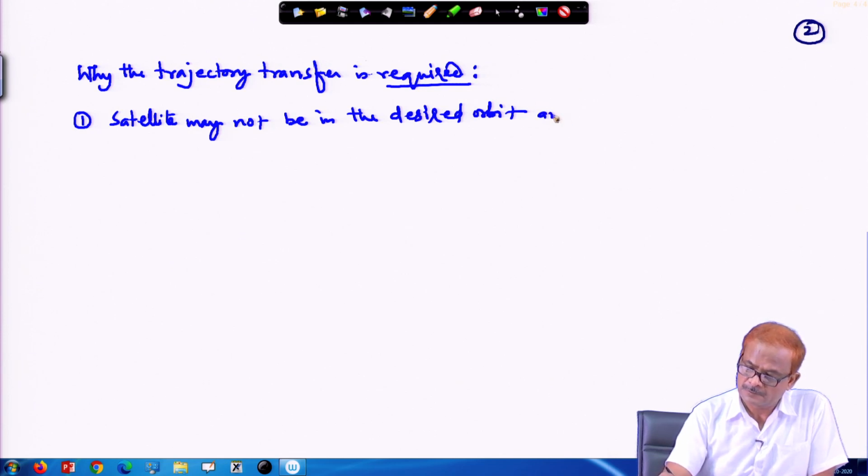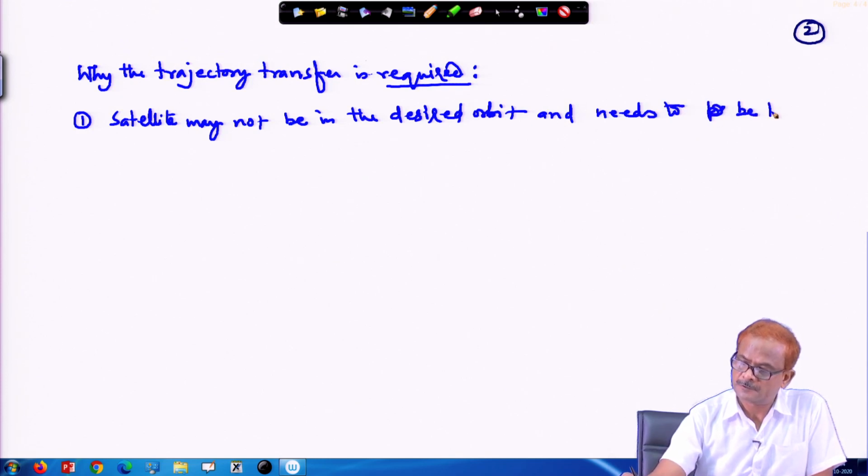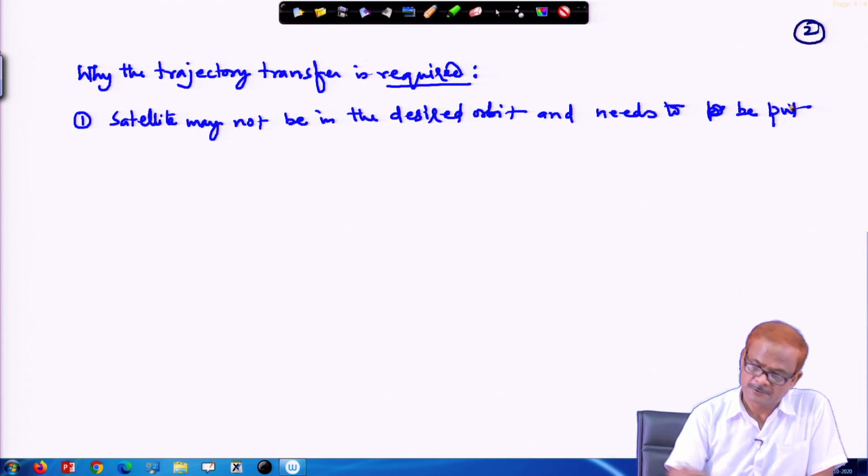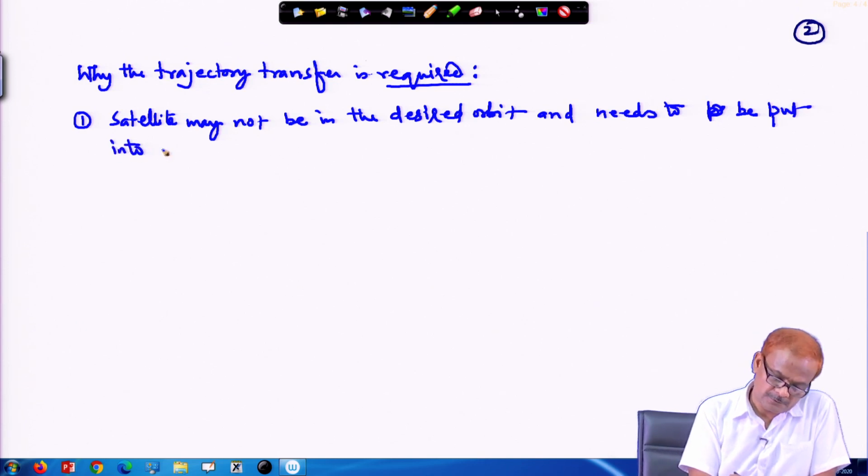So it needs to be transferred, or put into the proper orbit.